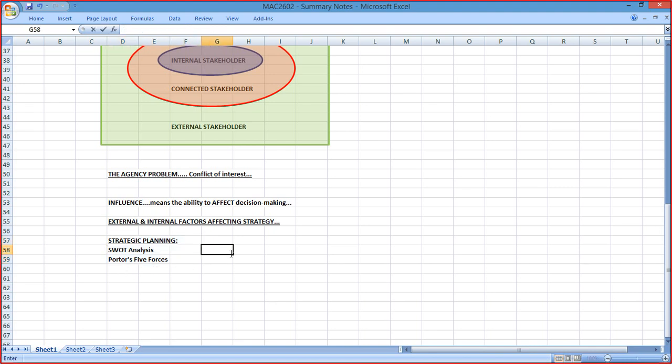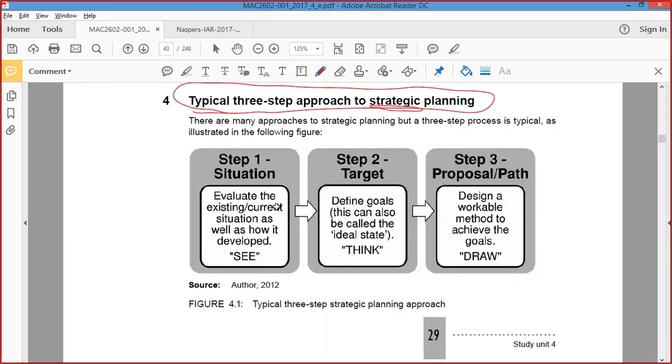Both give information, or both uncover knowledge and info, to make decisions. Right, and that's important. So when they talk about the steps, they talk about situation, then they talk about the target, and then they talk about the path or the proposal.